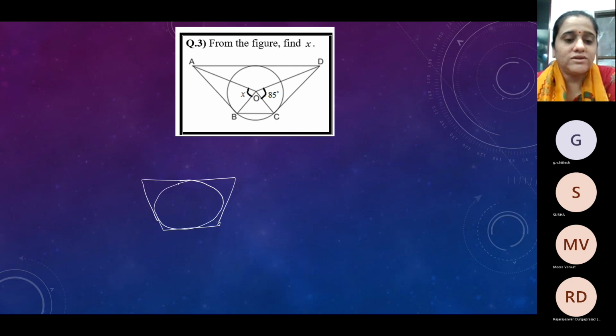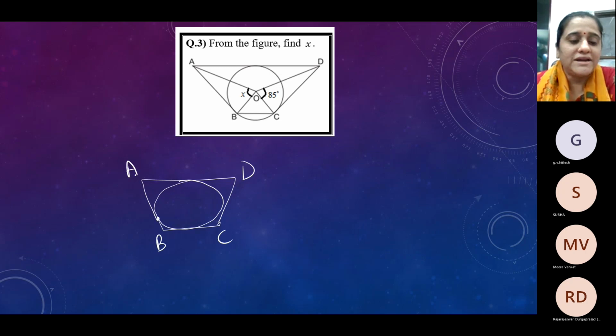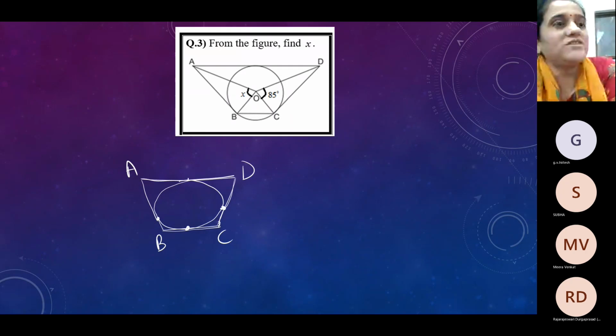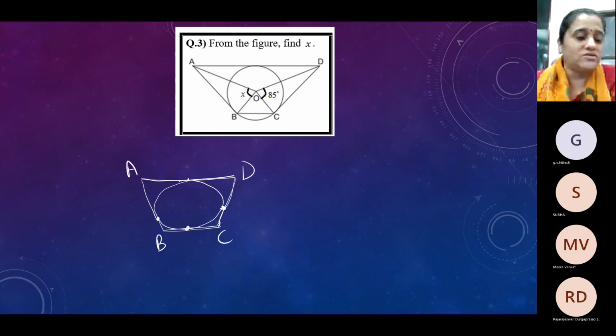All right. So now you can see that A, B, C, D. The side AB is a tangent to the circle. The side BC is a tangent to the circle. The side CD is a tangent to the circle. The side AD is a tangent to the circle. Yes or no? Don't see the figure here, children. I've taken a wrong figure.